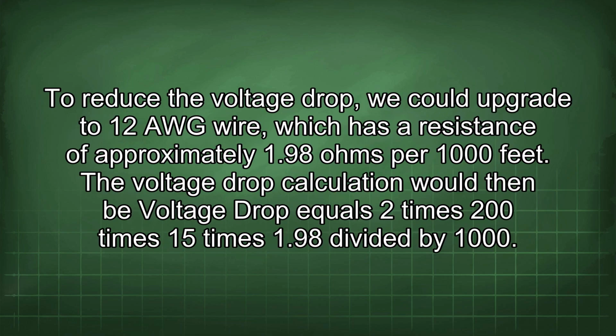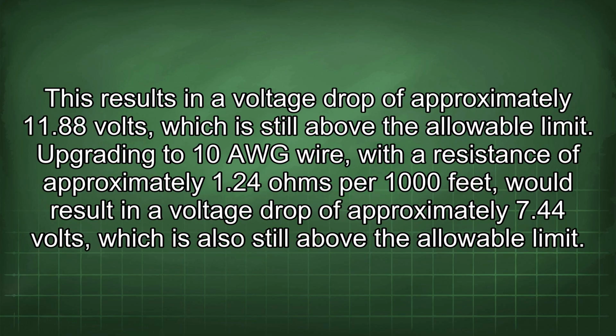To reduce the voltage drop, we could upgrade to 12 AWG wire, which has a resistance of approximately 1.98 ohms per 1000 feet. The voltage drop calculation would then be voltage drop equals 2 times 200 times 15 times 1.98 divided by 1000. This results in a voltage drop of approximately 11.88 volts, which is still above the allowable limit.